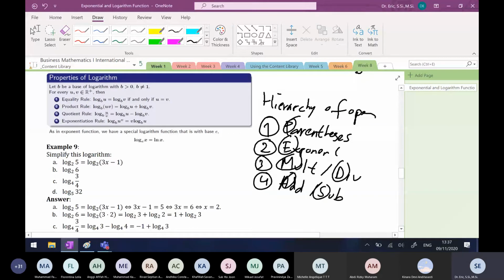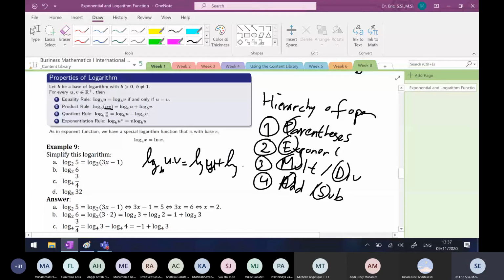Okay, so remember, when we are dealing with logarithm, it simplifies the operation. So if I have logarithm of u times v with the base the same, this is the same as log u plus log v with the same base.